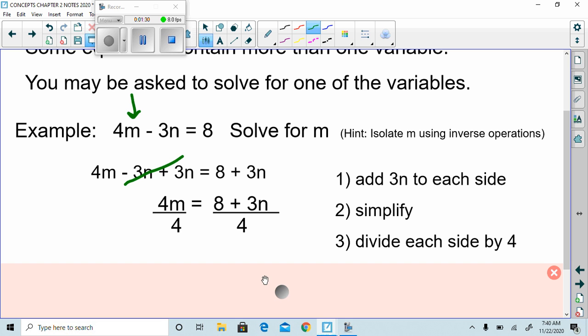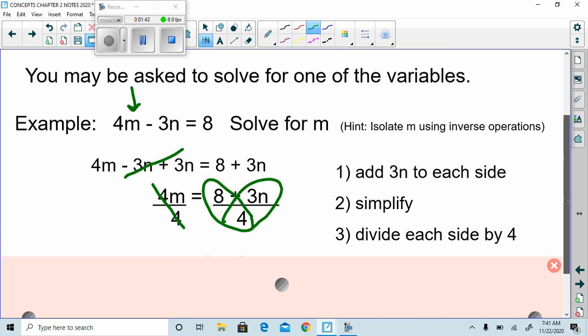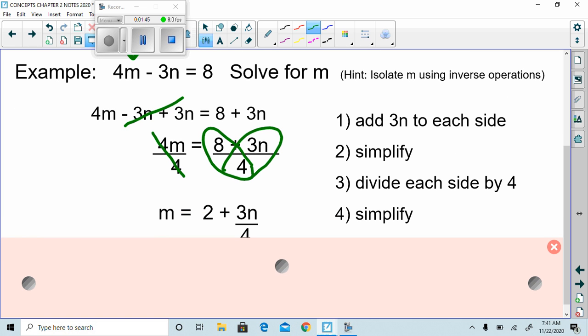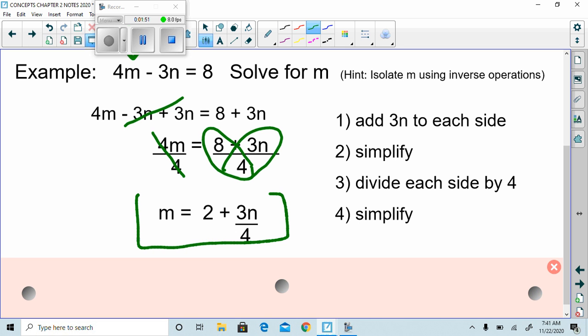Dividing by 4 eliminates the 4 on the left, so we've isolated m. However, this is an expression that needs to have both terms divided by 4. 8 divided by 4 is 2, and 3n divided by 4 is 3/4 n. And this is your final answer.